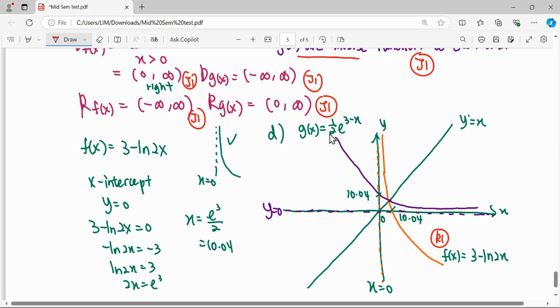Then secondly, we need to see whether you get another function by reflection. Then lastly, we want to check whether every part of the function here is labeled. So 3 marks is for all labeled correctly.